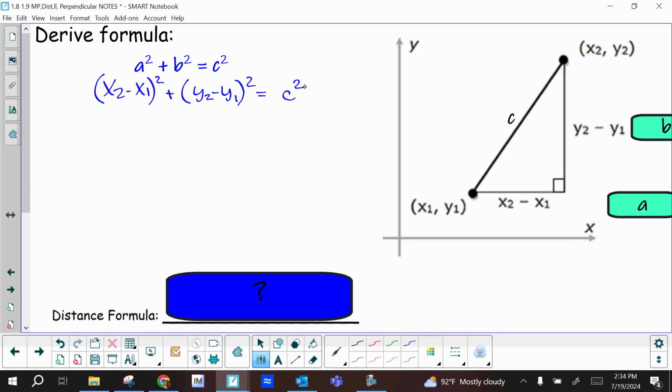All right. Now, the only thing we have to do is get C by itself. So how did we get rid of the squared earlier? All we have to do is square root to get rid of that. And whatever you do to one side in the world of algebra, you must do to the other.